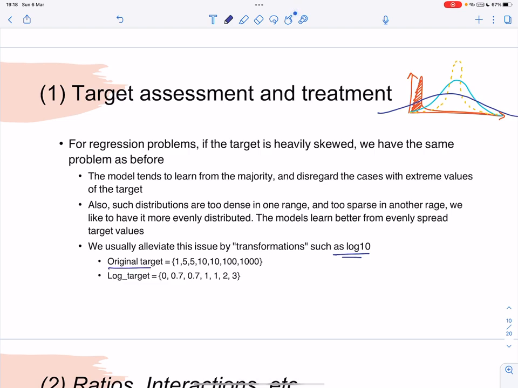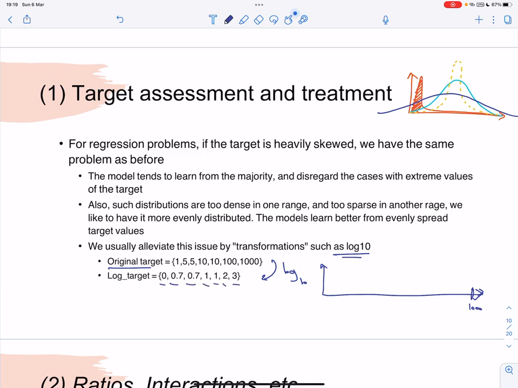So if the original target is like 1, 5, 5, 10, 10, 100, 1000, which is actually starting from 1 going to 1000, I don't know how to even draw it because the scale is very strange. But if we do a logarithm on base 10, the values would be 0, 0.7, 0.7, 1, 1, 2, 3.